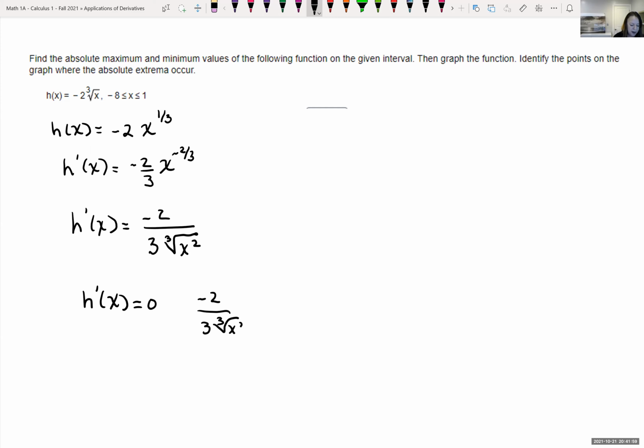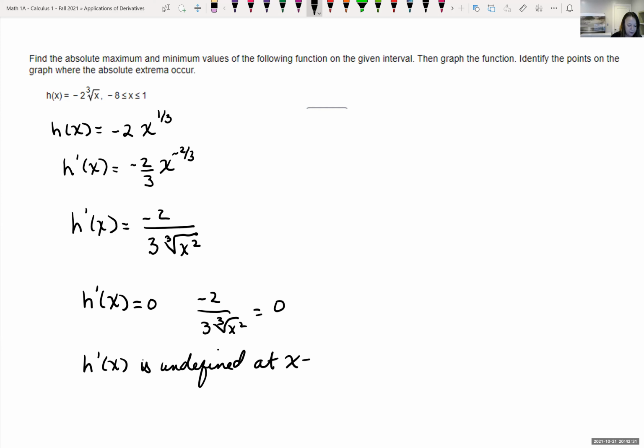If I multiply both sides by my denominator, I'd get -2 equals 0, which is a false statement. So there's no value of x which sets it equal to 0, but we also want to look at the values where it's undefined. So h prime of x is undefined at values which set my denominator equal to 0. And that would be at x equals 0.